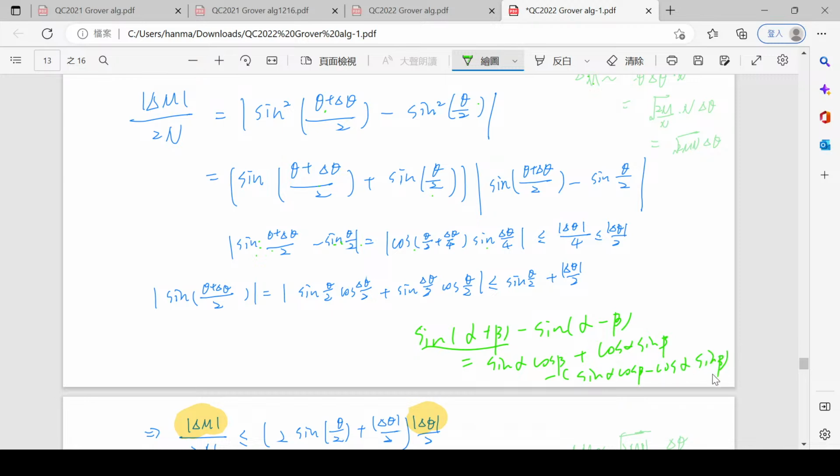And so this cancels, and you get twice cosine alpha sine beta. Hopefully you remember trigonometry. But anyway, you have this cosine alpha here, then sine beta here.